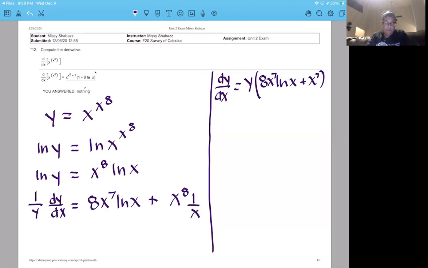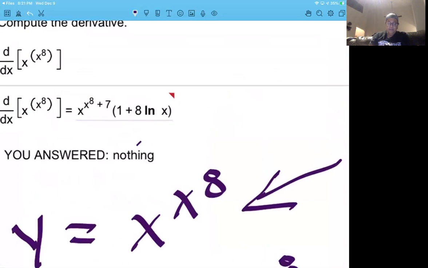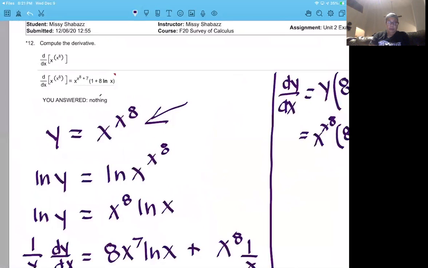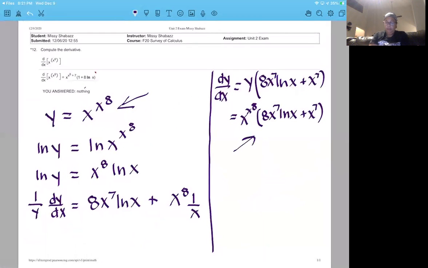But I want everything in terms of x. So what is y? Well, y was my original function, so x to the 8th, times 8x to the 7th natural log of x plus x to the 7th. And that's my derivative. Now they did some factoring, which is fine, but this is also fine.